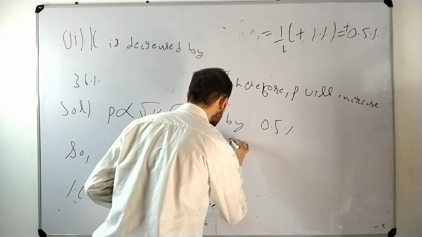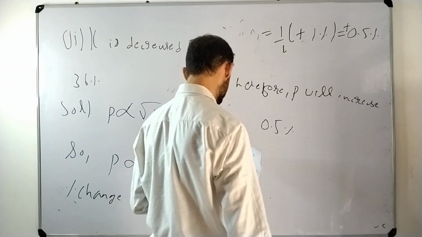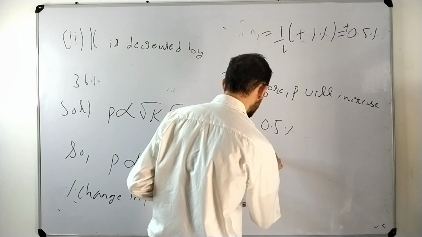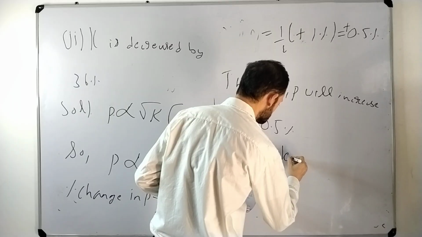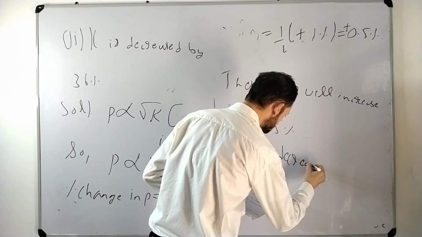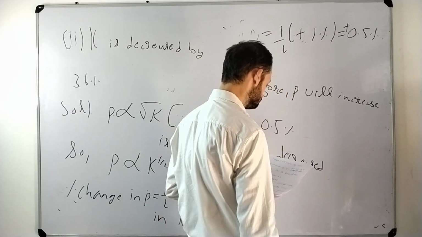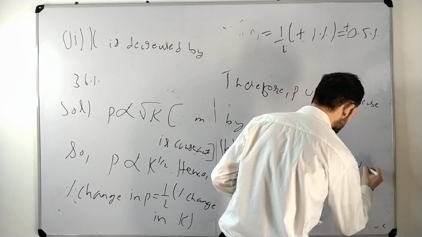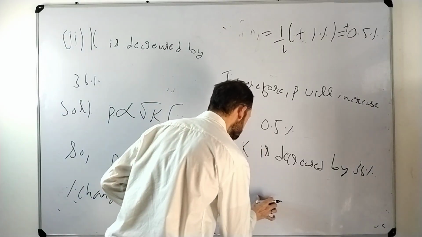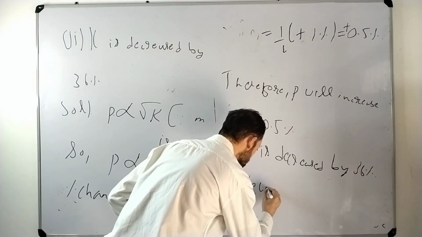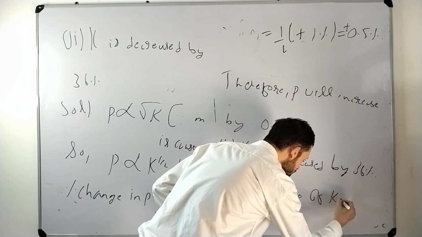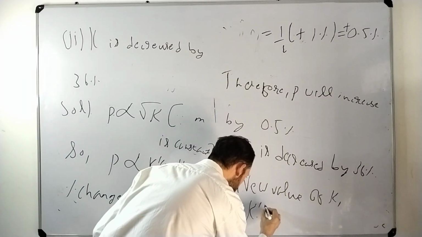B part, K is decreased. Okay, what is happening? Decrease is happening. K is decreased by 36%. New value of K, what it would be, students?